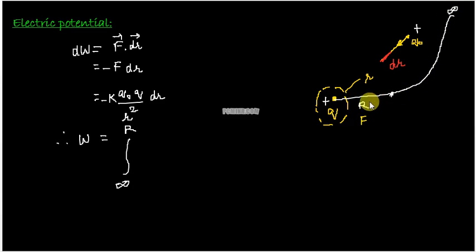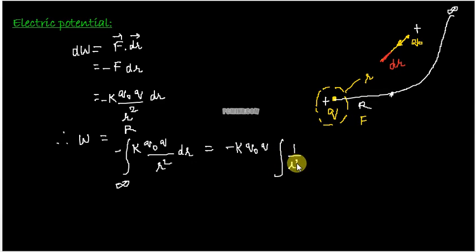It would be the integration of this dW from infinity to R, with the negative sign outside, k Q naught Q upon R square dr. K Q naught Q being constants will go out, so we have minus k Q naught Q, and the integral of 1 by R square dr between the limits infinity to R. The integral of 1 by R square is minus 1 by R. So minus k Q naught Q into minus 1 by R, and I put the limits R and infinity, then I get upper limit minus lower limit.